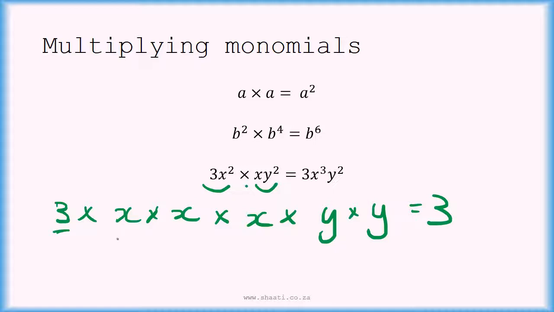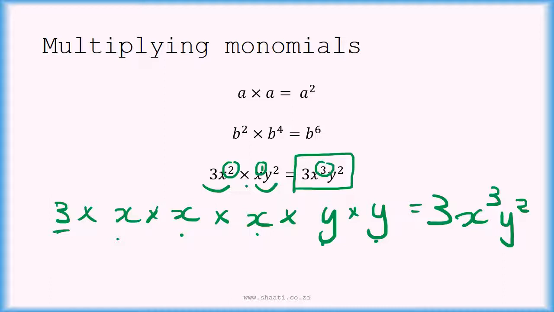We've got x times x times x, which is x to the power of 3, and we've got y times y, which is y squared. So there we have our answer. I'm sure that you've noticed that 2 plus 1 is equal to 3. We didn't have any y's in our first monomial, so that was just 1 times y squared.